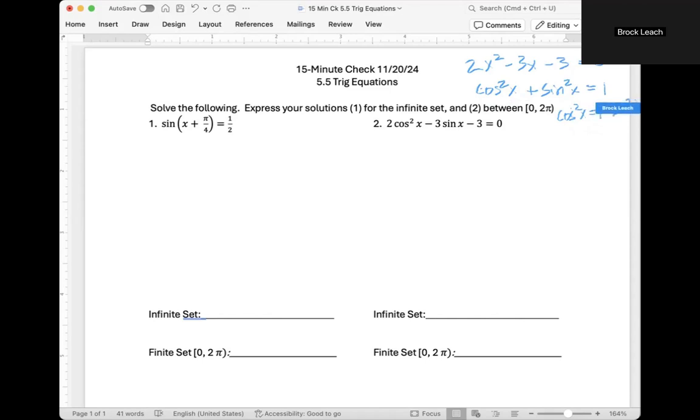That's our Pythagorean identity. The first thing I'm going to do here is swap out the cosine squared so that I'm just dealing with sine. We can't really factor with them differing. So I'm going to put in 1 minus sine squared x in place of cosine squared x.